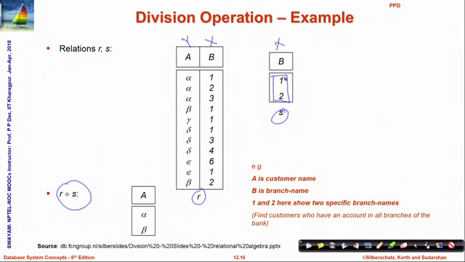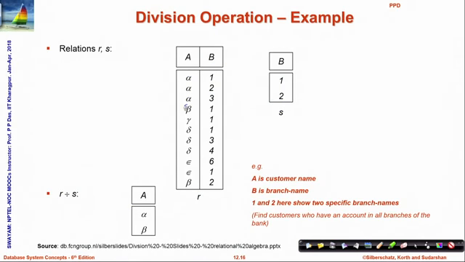All the values that I have over x, I must have those values in the relation R. If I do, then the particular tuple matching on the attribute y goes on to the result. So, alpha goes on to the result because you have both alpha 1 as well as alpha 2 in the relation R.